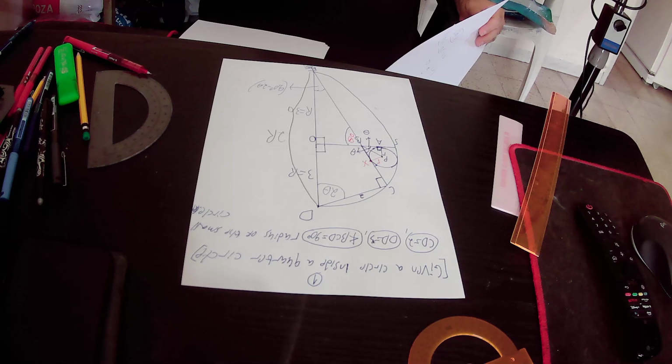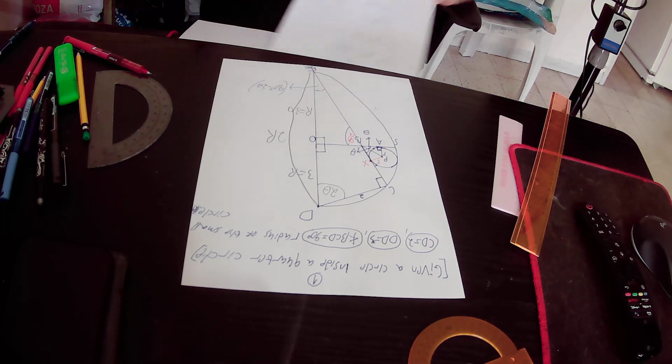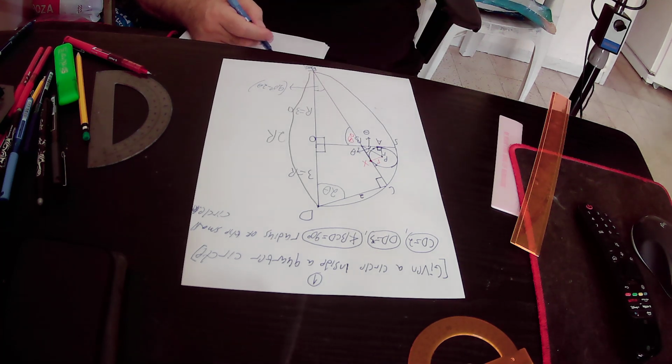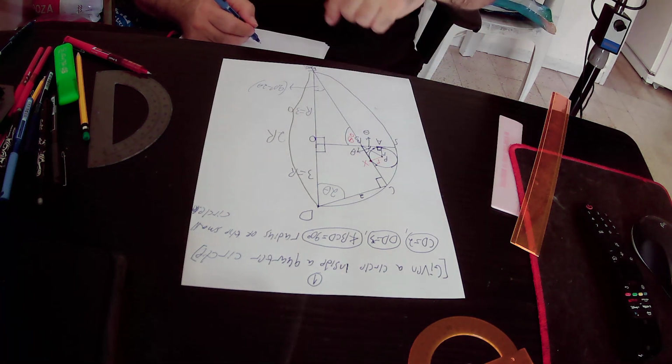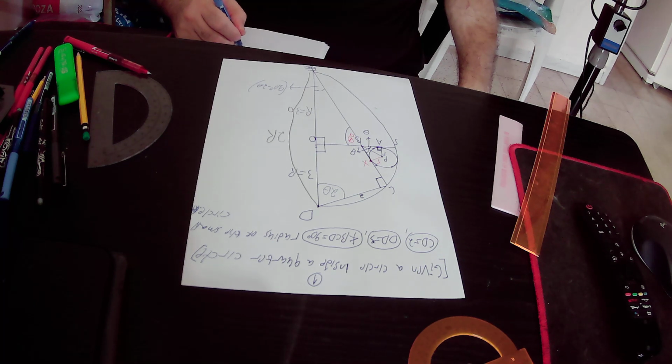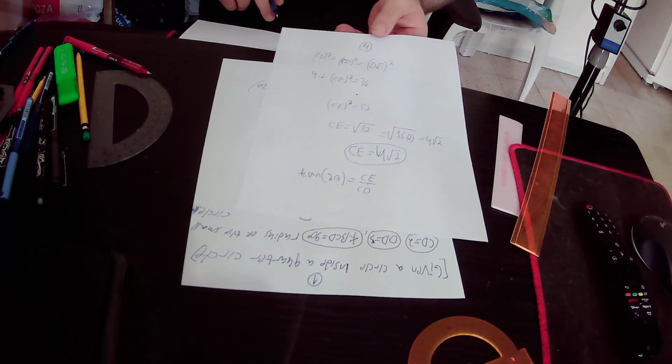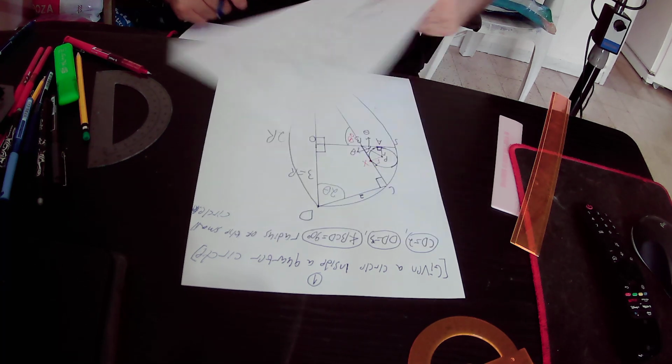We will continue to focus on the right triangle CDE. In the right triangle CDE, tangent 2 theta equals CE over CD.